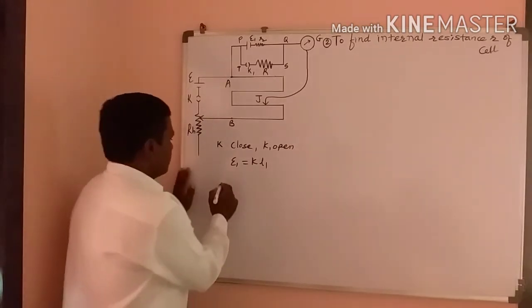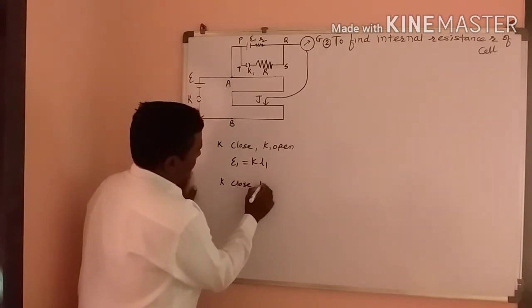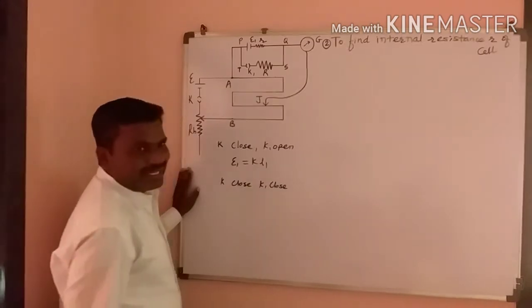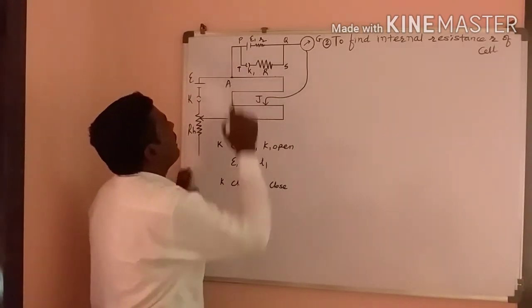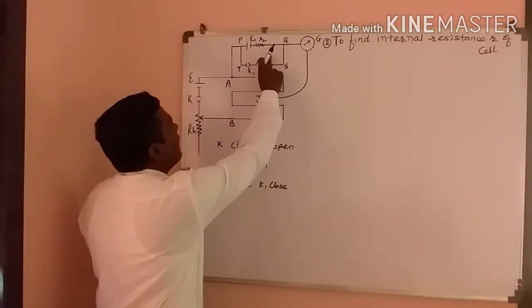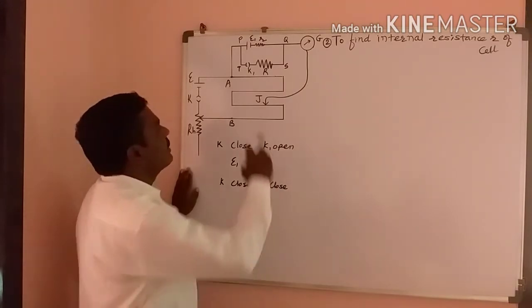When K is closed and K1 is also closed, a suitable value of resistance is taken from the resistance box, and then we find the null point on the potentiometer.